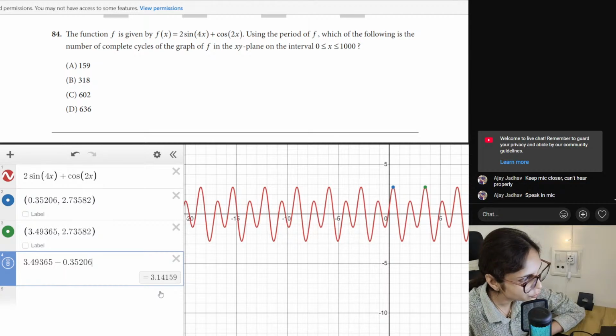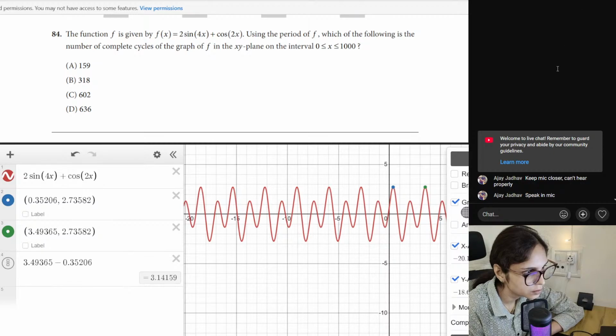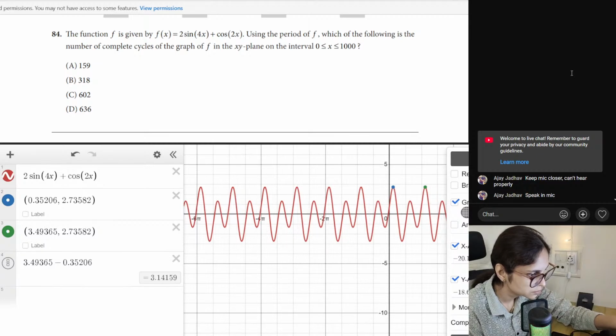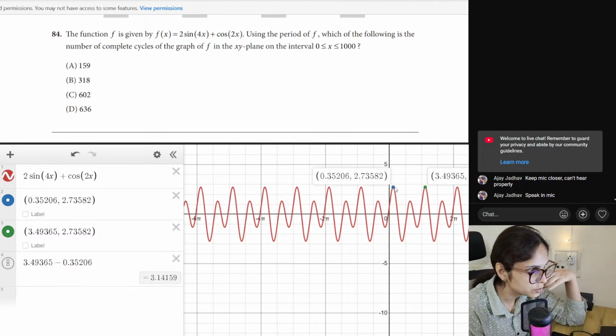Because for sine 4x, the period is 2 pi over 4, that is pi over 2, and for cosine 2x, it is pi. So the overall period is pi. And if you want, you can do it like this.